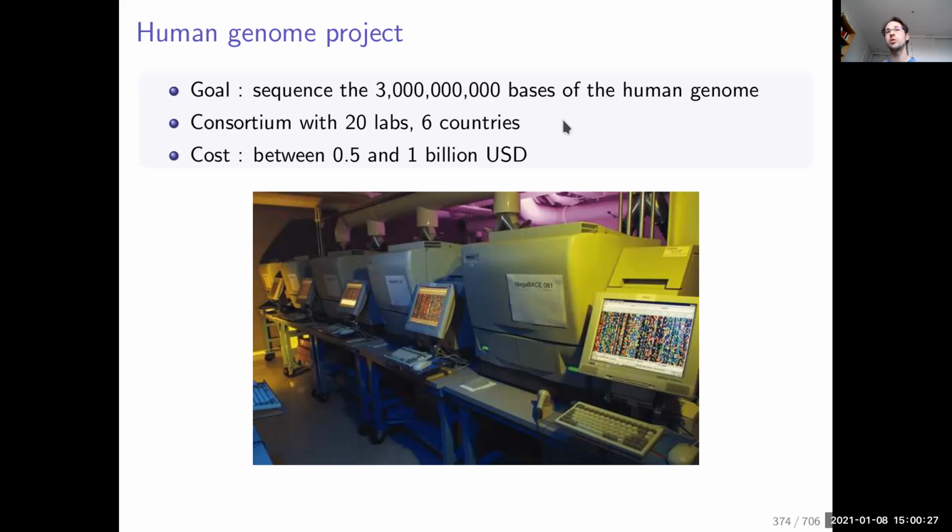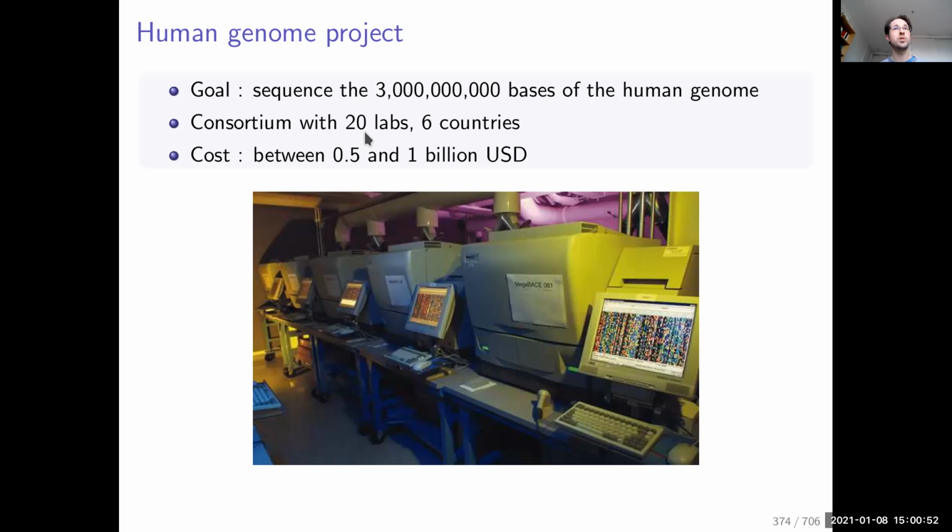It's actually not that much if you think about it. Finding the bases in the human genome doesn't mean that we all have the exact same genome. There are small variations. It means what we have in common among humans. Anyway, this was a big deal.